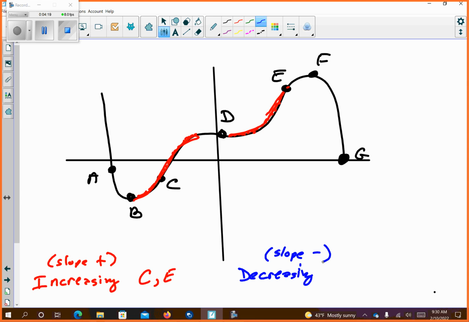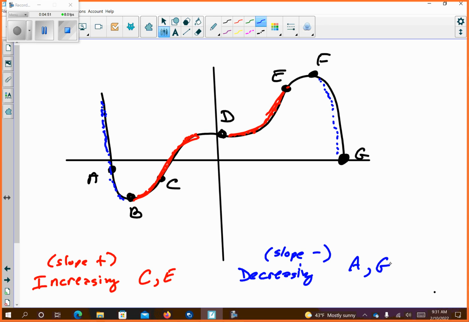All right, so a decreasing slope would be taking place in this region here. This is decreasing. Okay, it's also decreasing here. So if I had to put a letter with where it's decreasing, point A would have a slope that's negative. If I were to take the derivative, the slope of that point of tangency would be negative. And then letter G would also work. Even though it happens to be an endpoint, it still would work.